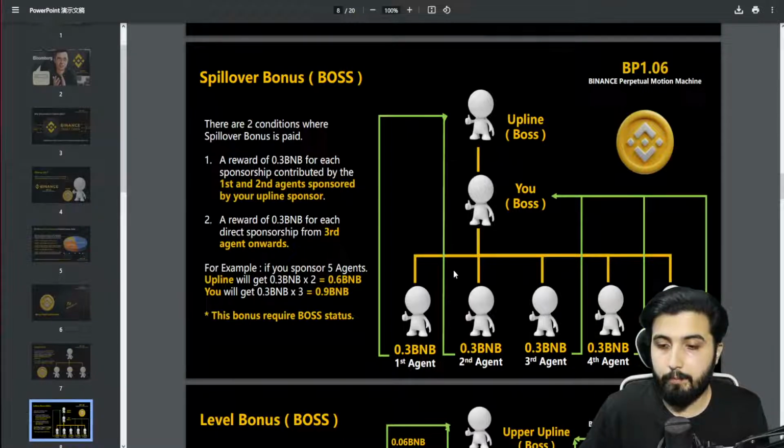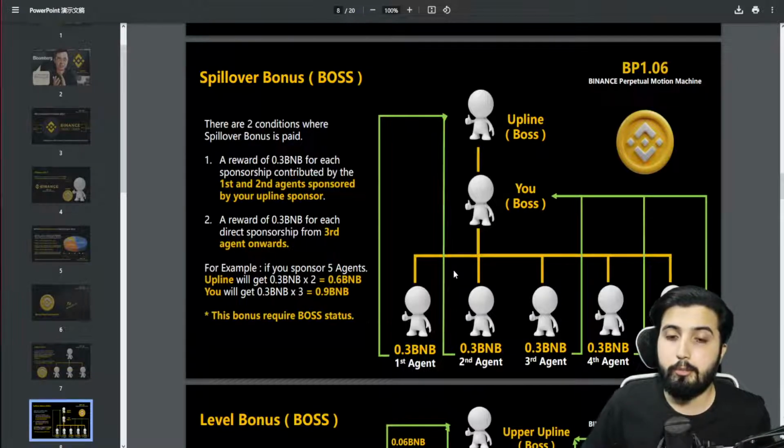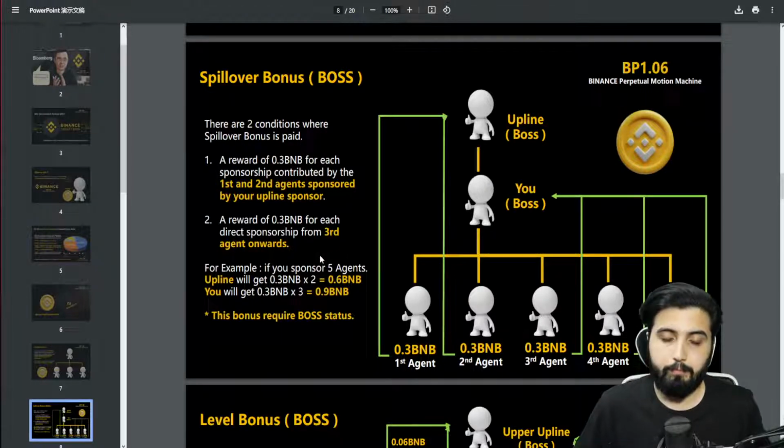So the first 2 go to the upline boss, and from the third onward, you get the spillover bonus. Since you directly referred the 5 agents, you get more: you get 3 agents, and since the upline boss referred them indirectly, he or she gets 2 of them. This is how you get the spillover bonus.